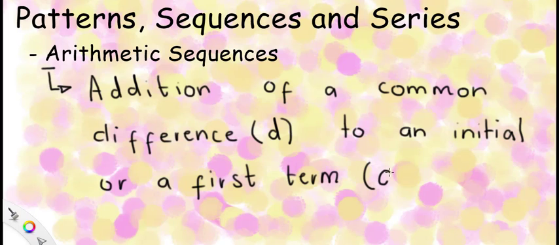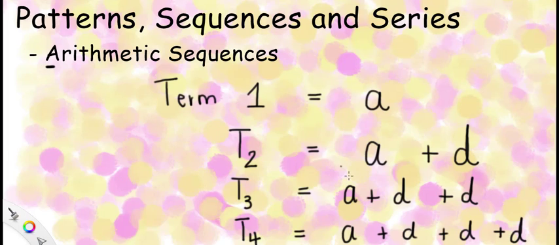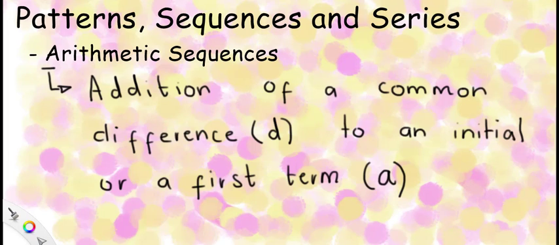And our first term was the variable a. That is how we would use words to define an arithmetic sequence after having derived it on this side of our worksheet. There are three things to highlight in this definition: it's addition, it's the common difference d, and it's our initial or first term a. Those are the three things to note when we are speaking about arithmetic sequences.